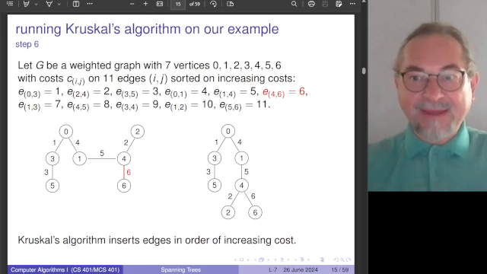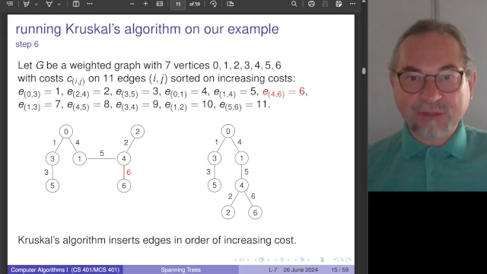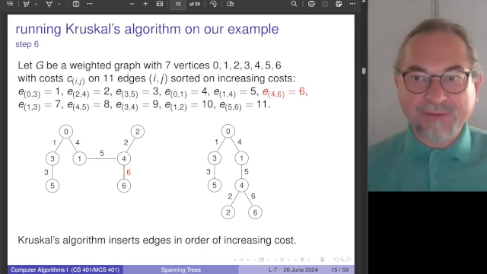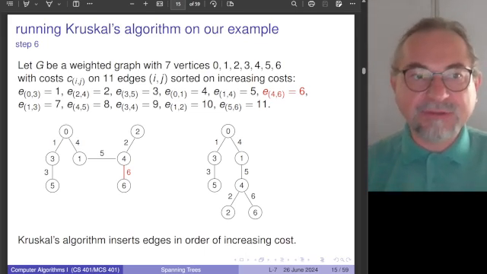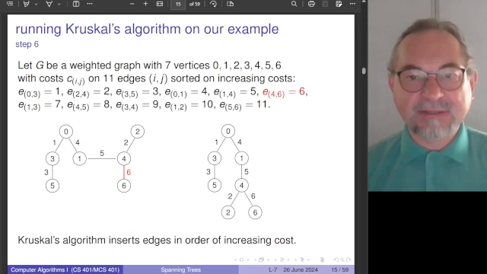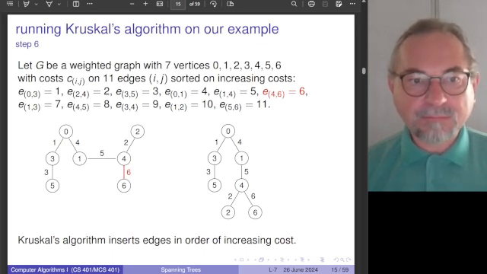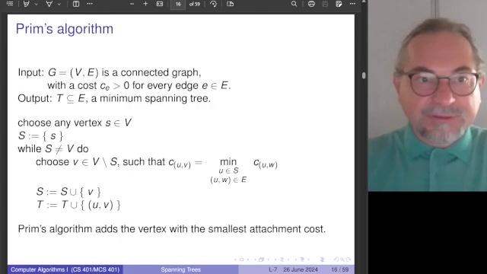So if we have n-1 edges, then we know that we are done. So Kruskal's algorithm will have n-1 steps, as is illustrated here in 6 steps. Okay, that's the first example.